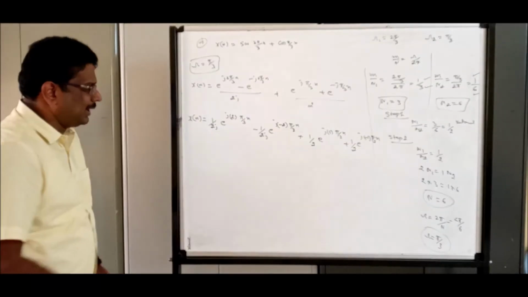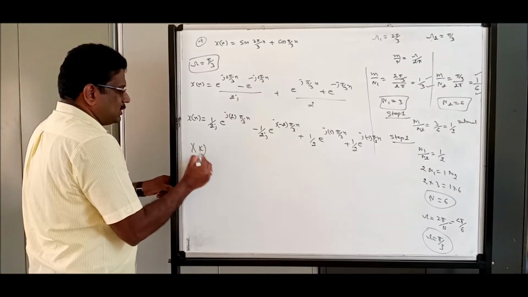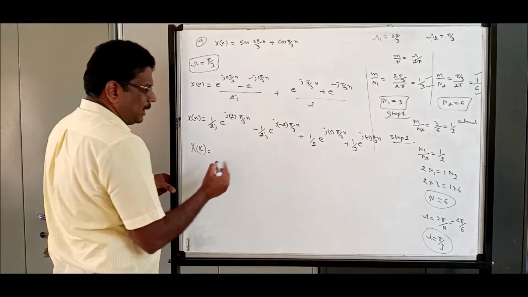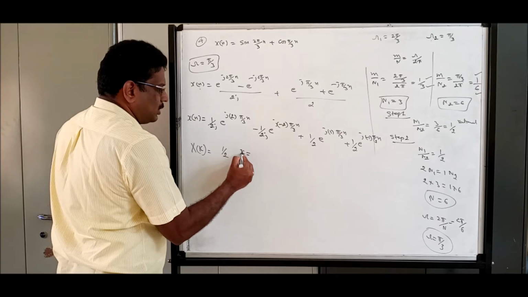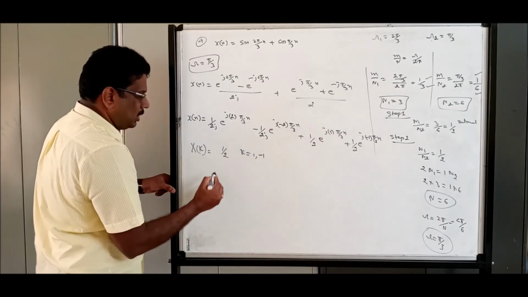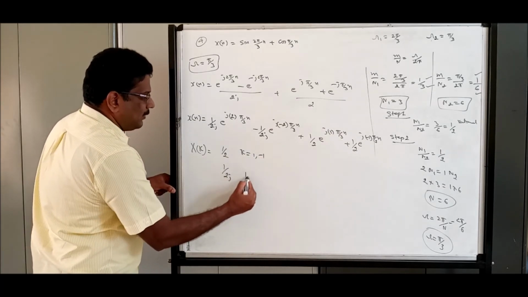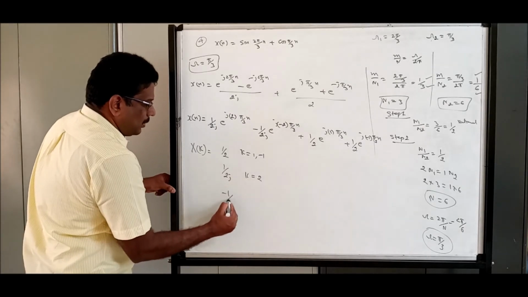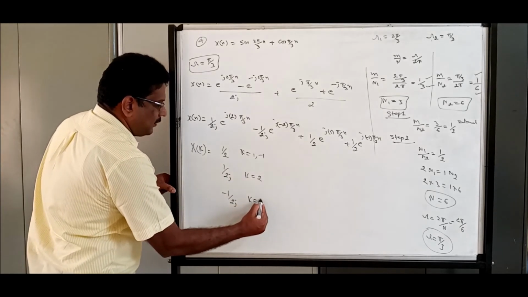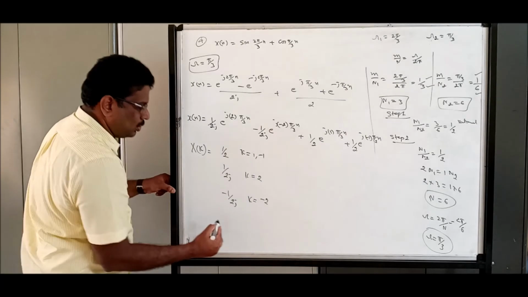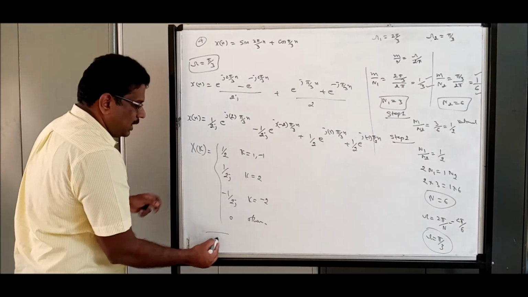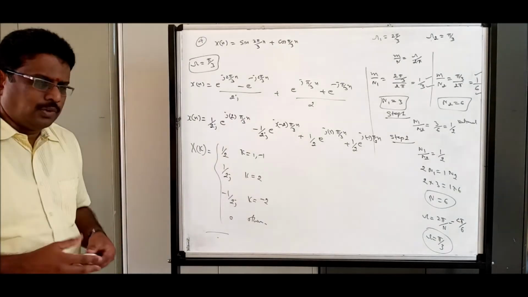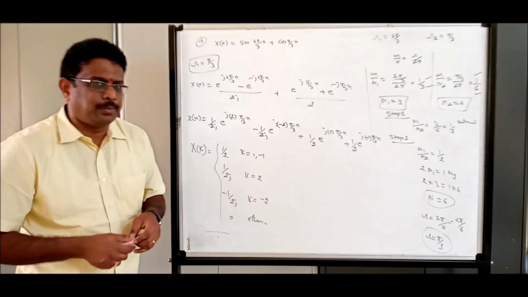Okay. Now we can conclude what the coefficients are. It is 1 by 2 for k equal to 1, minus 1; 1 by 2j for k equal to 2; minus 1 by 2j for k equal to minus 2; and 0 otherwise. That's all. This is the final result. If you want the magnitude and phase, it is the same.